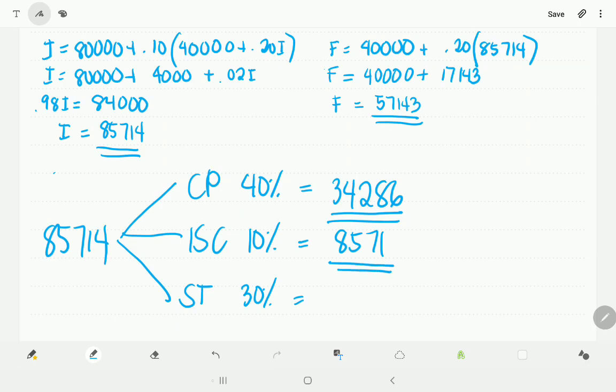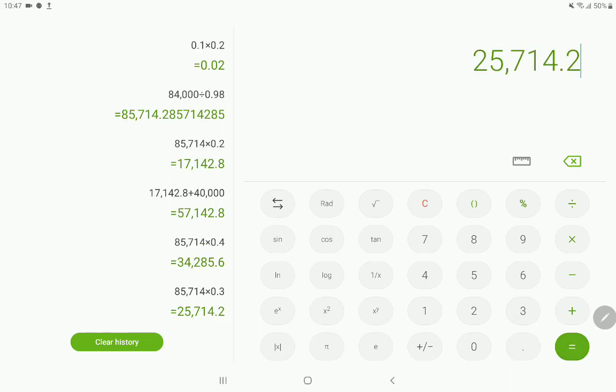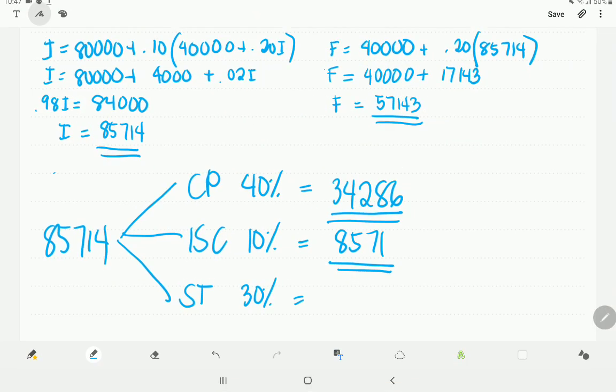And for Software Training, 85,714 multiplied by 0.3 gives 25,714.